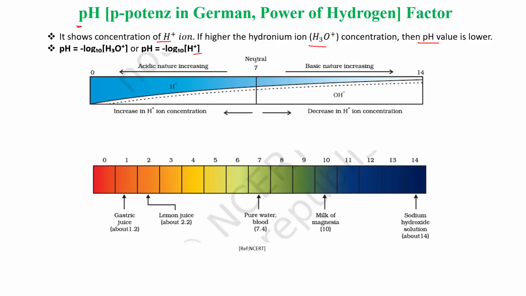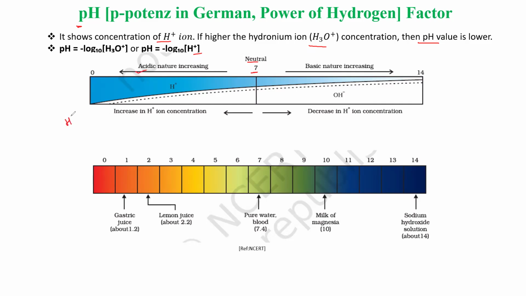For neutral solutions, the pH value is 7. When the pH value decreases, the concentration of hydrogen ions increases, so the acidic nature increases.